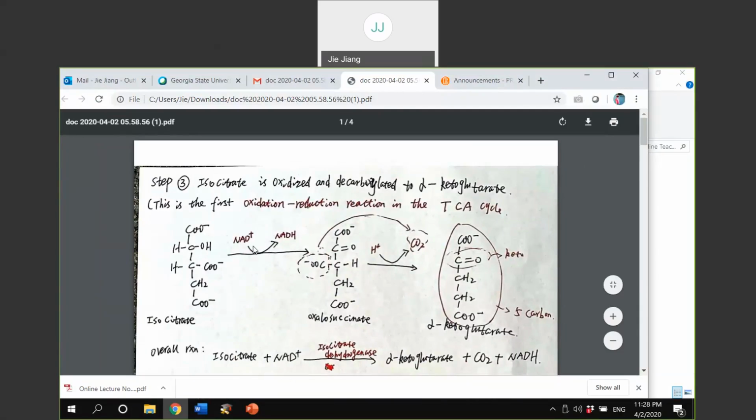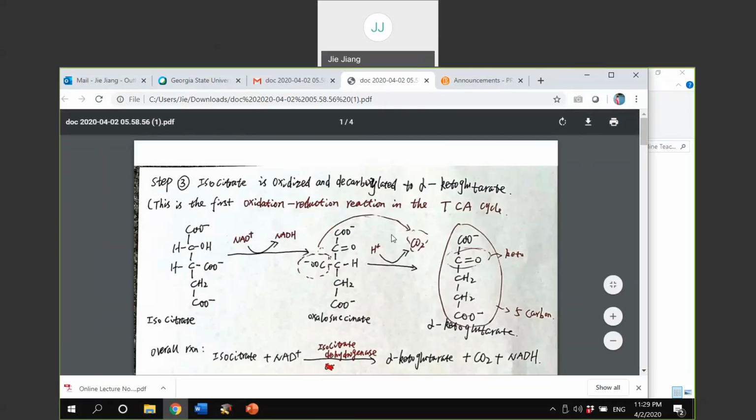NAD+ itself will be reduced to NADH by gaining a hydride, with an electron. This is actually also a two-step reaction, shown here. Oxalosuccinate is an intermediate, and eventually it will remove a molecule of carbon dioxide to form alpha-ketoglutarate.